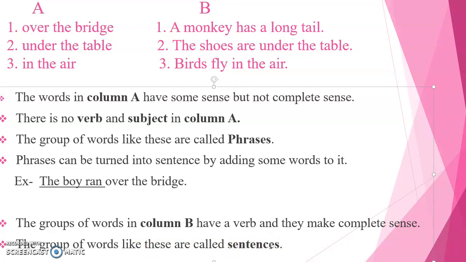Understood, students? A group of words which has no verb and does not have a good sense is not called a sentence, it is called a phrase. But a group of words having a verb and giving a complete sense is a sentence.